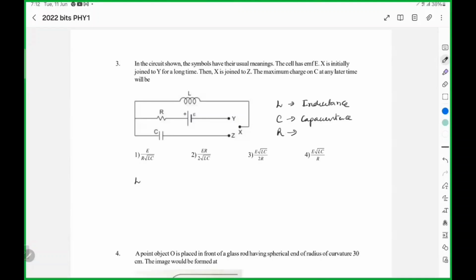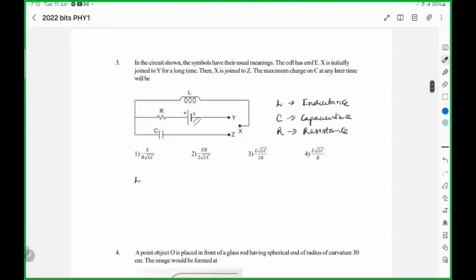R represents resistance. The EMF is E. X is initially joined to Y. So once it is initially joined to Y, then it becomes a closed circuit.